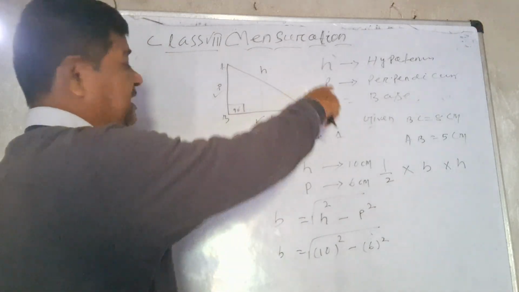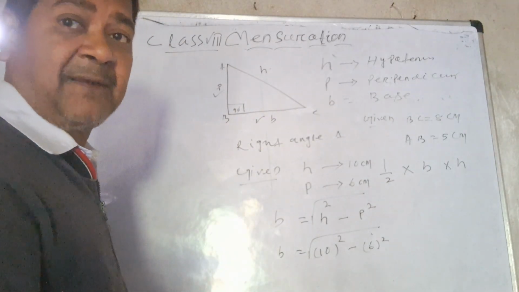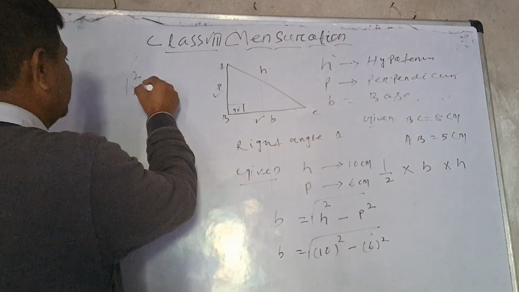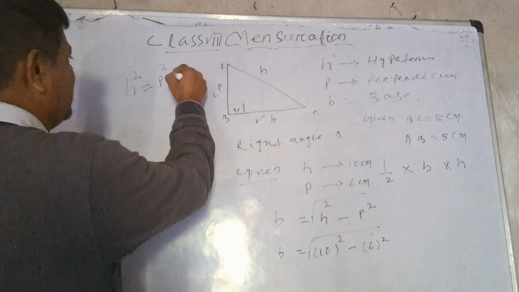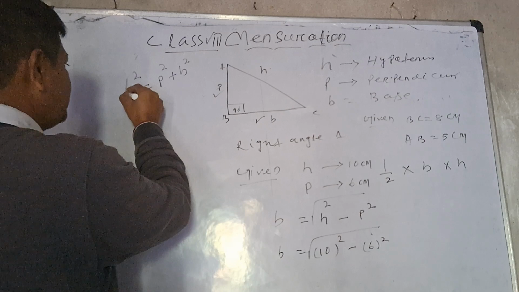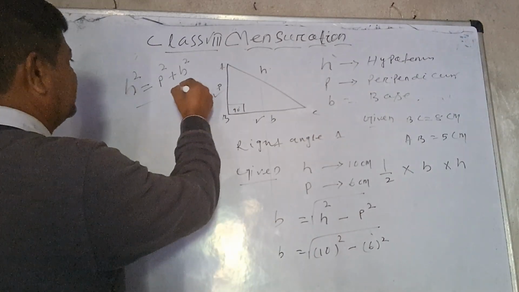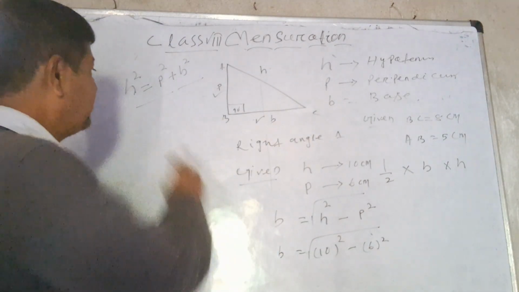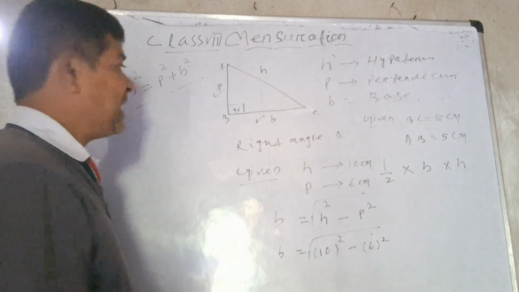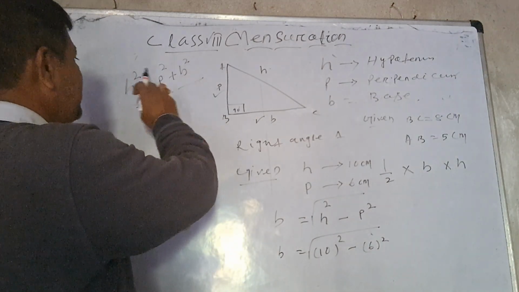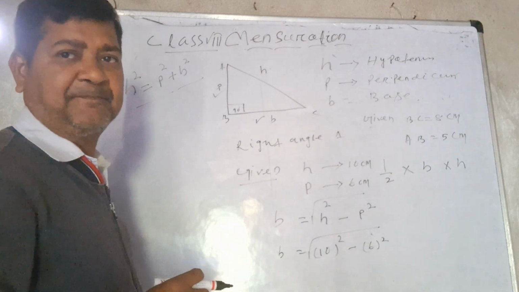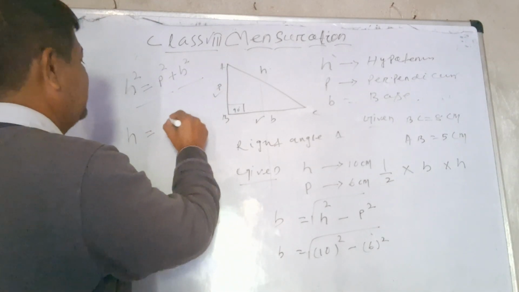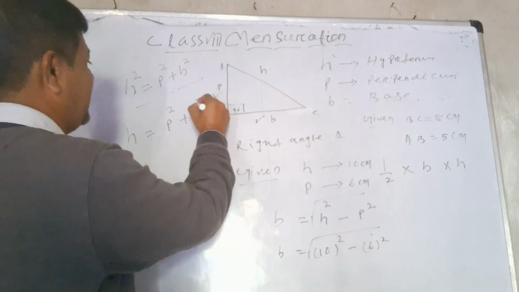What is the relation between P, B, H? The relation is H square equal to P square plus B square. Square of hypotenuse equal to sum of squares of perpendicular and base. If P and B are given, H will be the square root of P square plus B square.